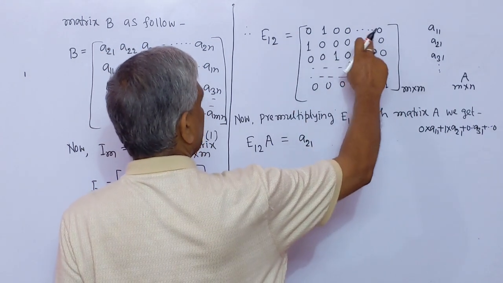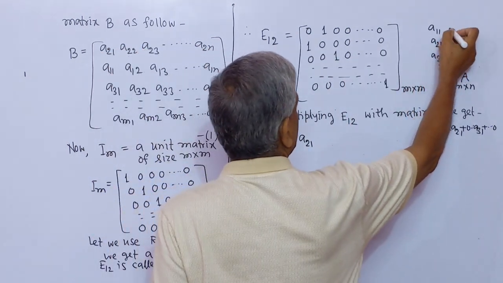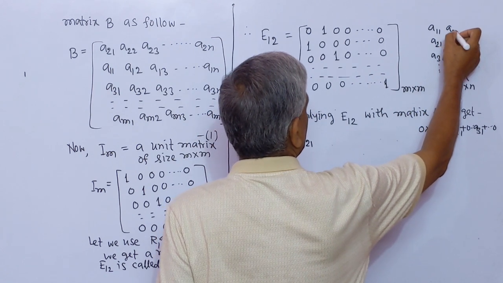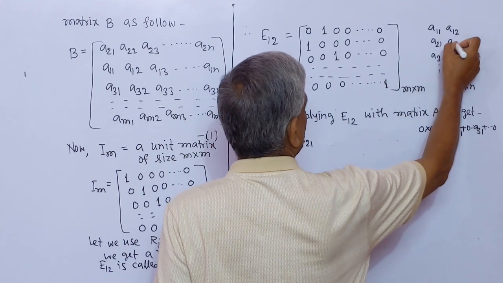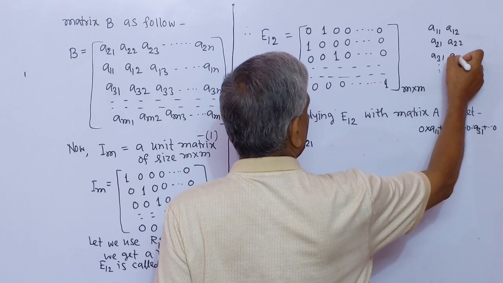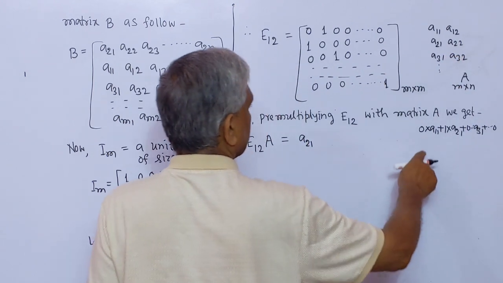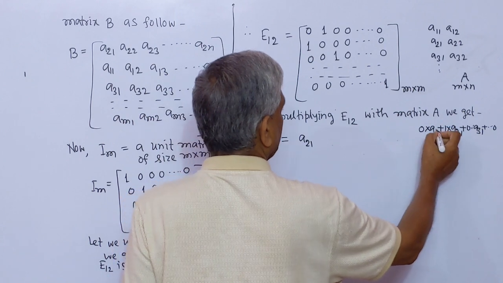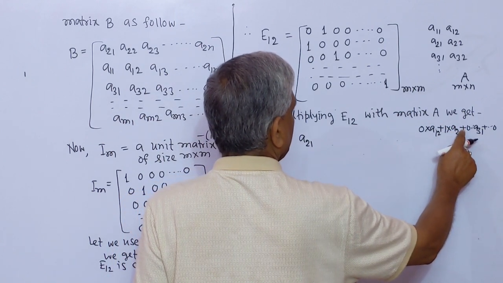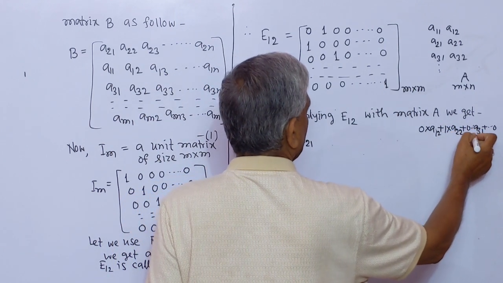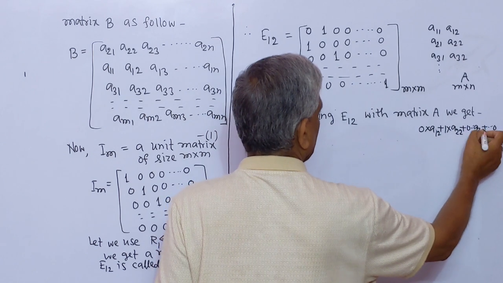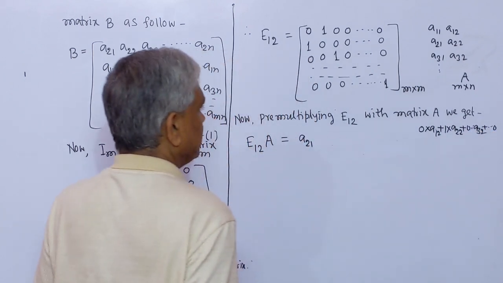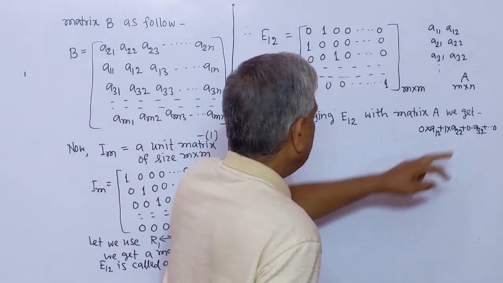Then first row, second column is A12, A22, A32. So in place of A11 we write A12, here A22, here A32, means only A22.